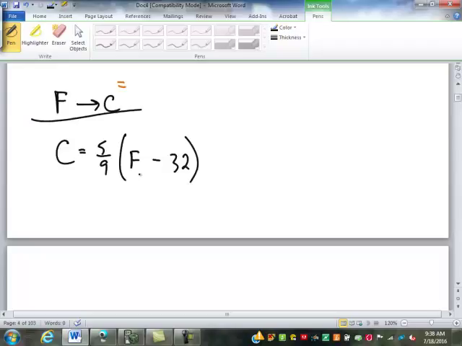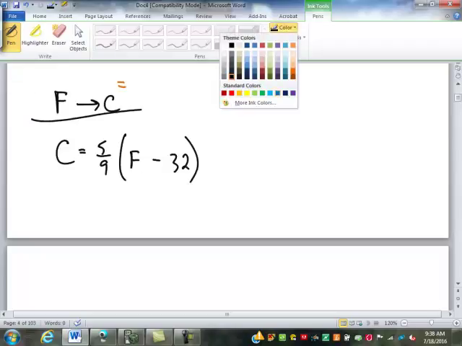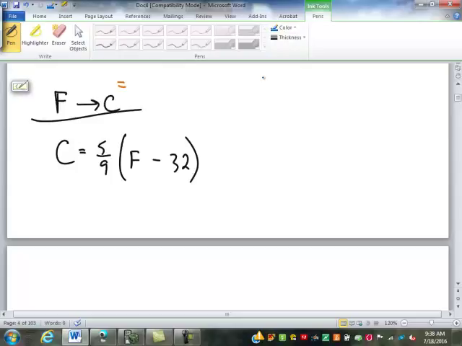So the example I like to use here, just because I teach this a lot to my medical students, human body temperature is considered to be 98.6 degrees Fahrenheit. Let's convert that into degrees Celsius. So I put the 98.6 in for F.